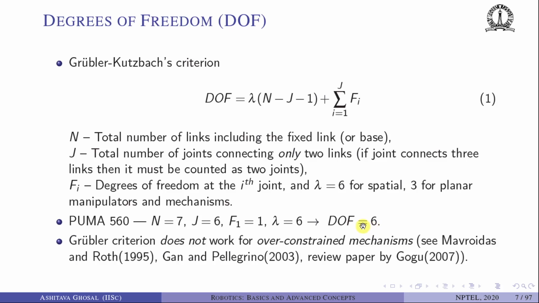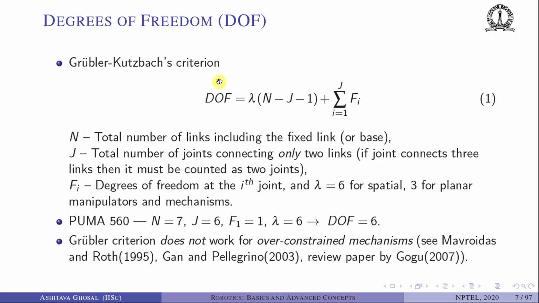The Grubler criteria works very often in many mechanisms and robots. However, it does not work for what are called over-constrained mechanisms. There is a lot of research going on over-constrained mechanisms. Basically, in an over-constrained mechanism, there is certain geometry which tells you that the degree of freedom according to Grubler's criteria is less than 1, but it will move.